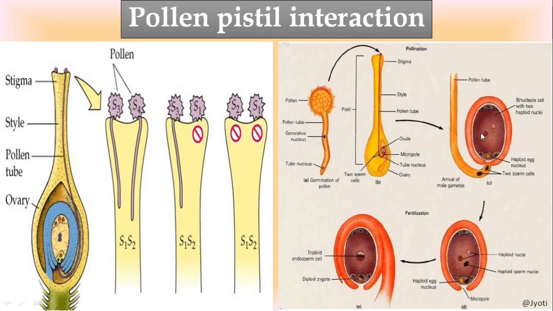Triple fusion means three nuclei are fused: the two polar nuclei, which together constitute the secondary nucleus, and the male gamete. So altogether three nuclei are fused, so it is called triple fusion. But this fusion process takes place twice, so it is called double fertilization. Double fertilization and triple fusion are the typical features of angiosperms.